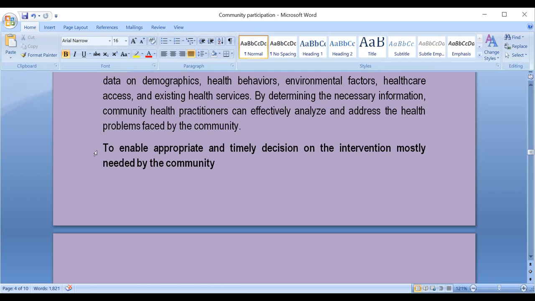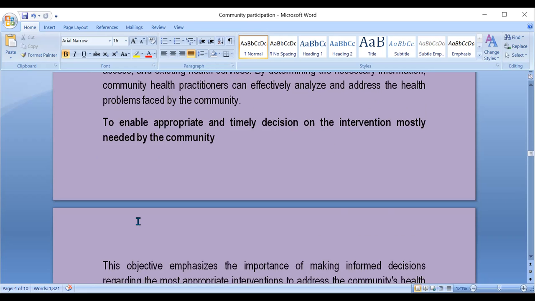You are not just saying that this is their problem. So therefore, for us to solve this problem within the shortest period, we are going to use campaign. We're going to use mass media. We're going to deploy house-to-house mechanisms.